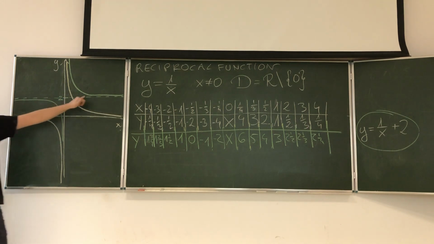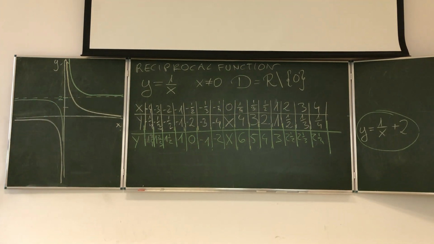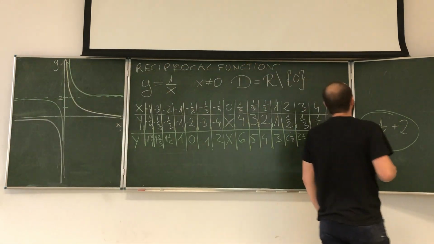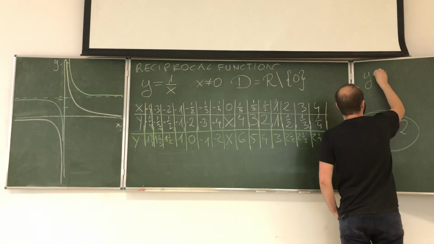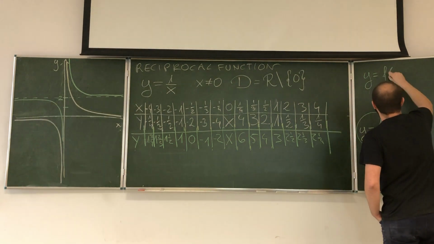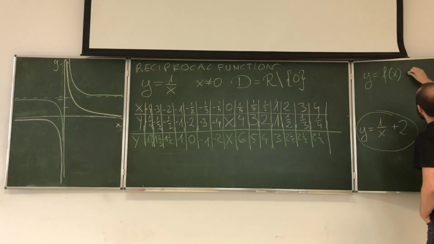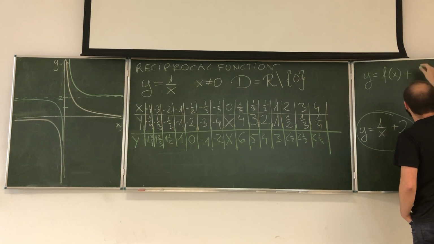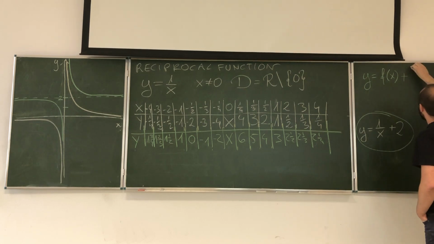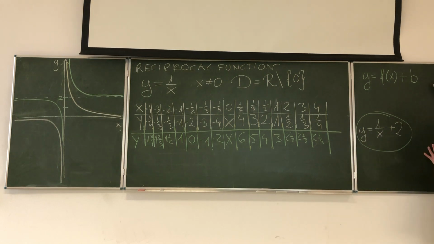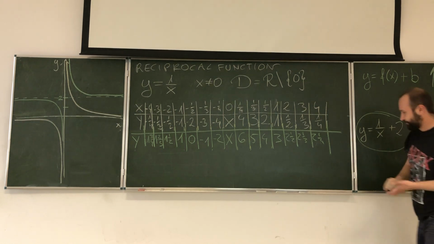So we can treat this as our old x-axis. So look, what do we get from this? The general rule is that if I have any function like y equals f of x, if I add to it a positive number b, the function will go up by b, right? It will be b units higher.